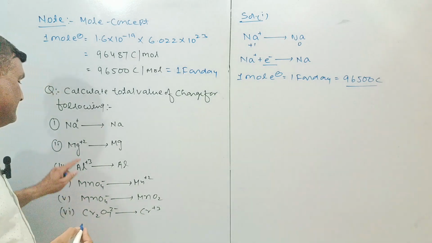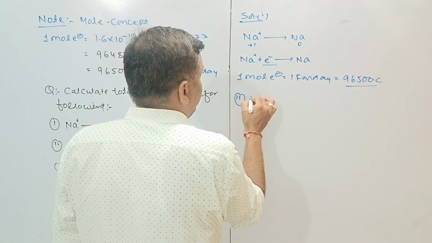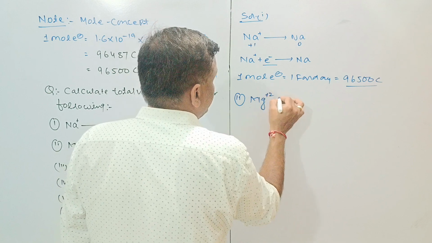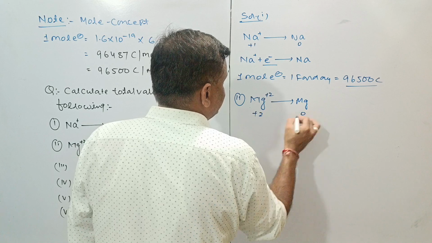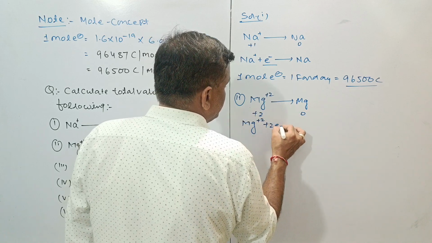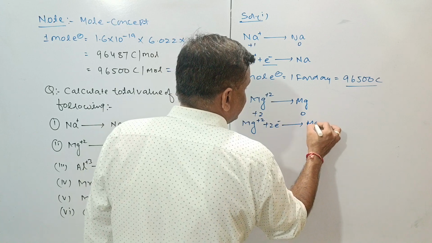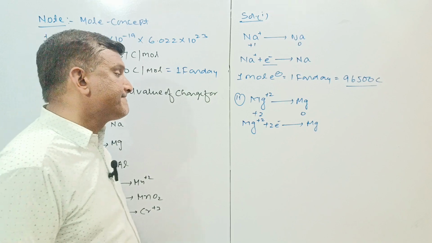It's too simple. Regarding the second question, this is Mg plus 2 changing to Mg. Here is plus 2 charge, here is 0. So Mg plus 2 takes 2 electrons to change to Mg, by balancing the reaction with the ion-electron method.